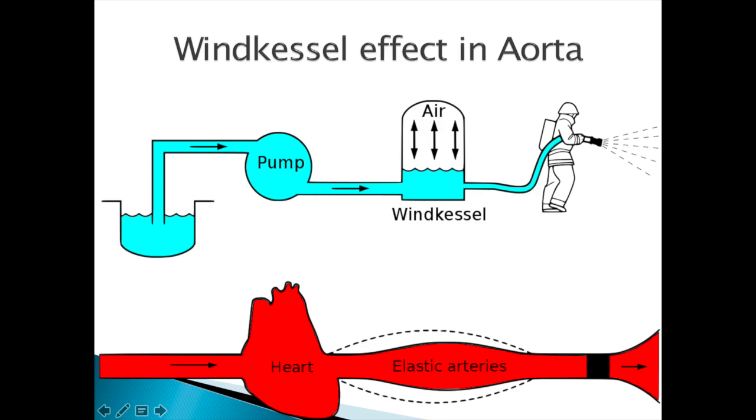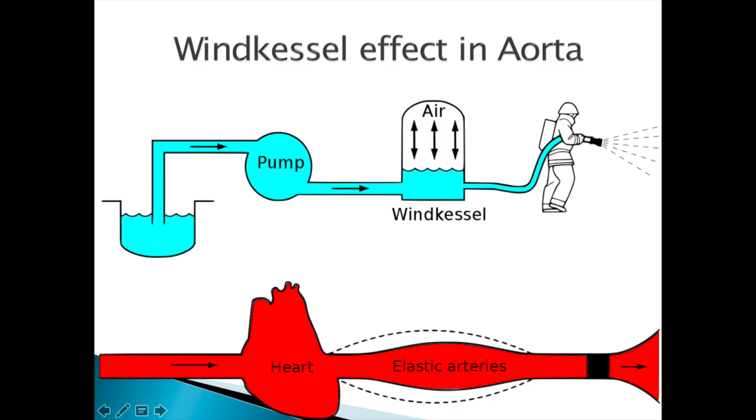This is because of the elastic recoil of the aorta, and the aorta works as a second heart. The aorta works as a second elastic structure which expands and accommodates all the blood of rapid ejection in the aortic root, and it moves down to the arteries as a wave of the pulse.